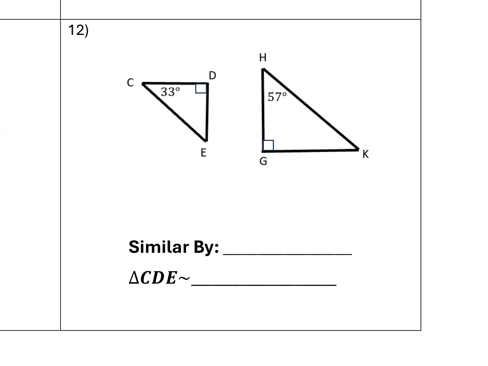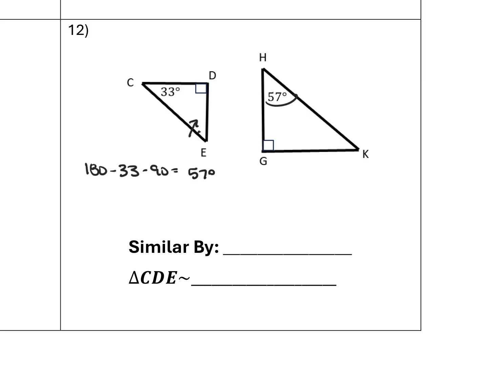All right, 12. Well, I have angles, so the first thing I have to do, since these both have 90 degrees, is I have to calculate the second angle. So I'm going to take 180 minus 33 minus 90. See what that gives me. 180 minus 90 minus 33 gives me 57 degrees.